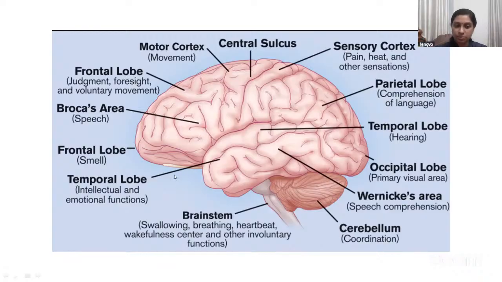Temporal lobe is responsible for the intellectual and emotional functions. Okay, brainstem, that's a medulla that is having many important functions. That's the swallowing, deglutition center. Okay, breathing, heartbeat, wakefulness center, and other involuntary activities. And cerebellum is usually associated with balance and coordination. And Wernicke's area, it's associated with speech and comprehension. That's what they are asking. Okay.